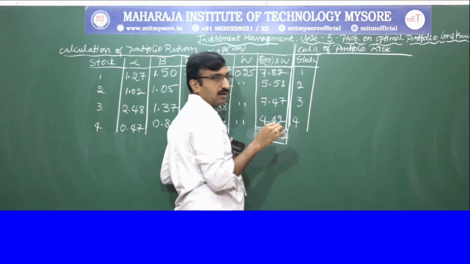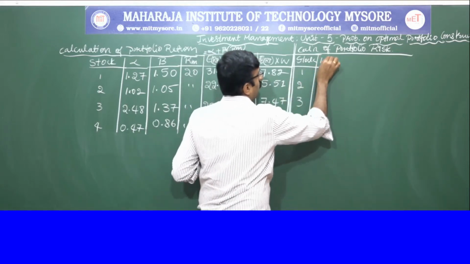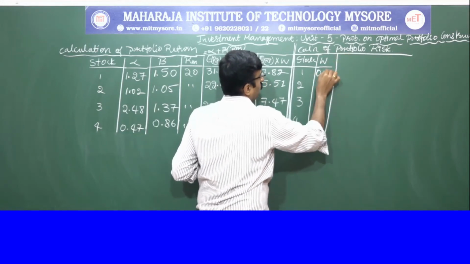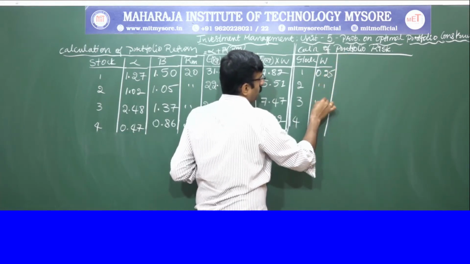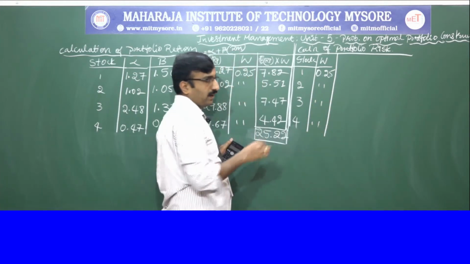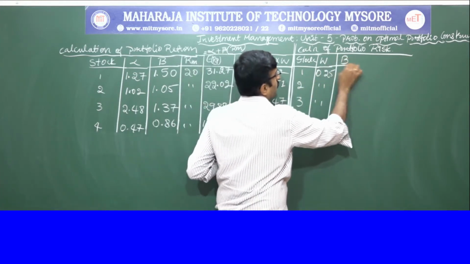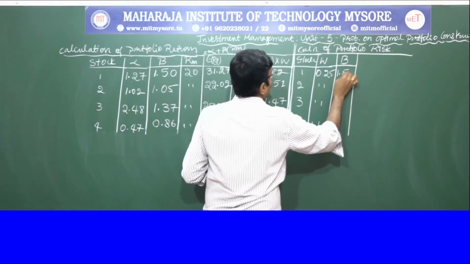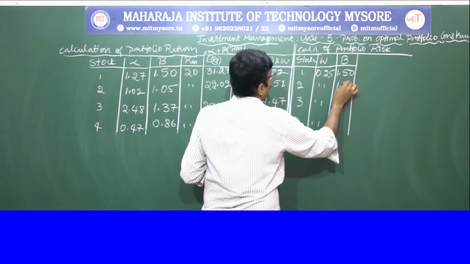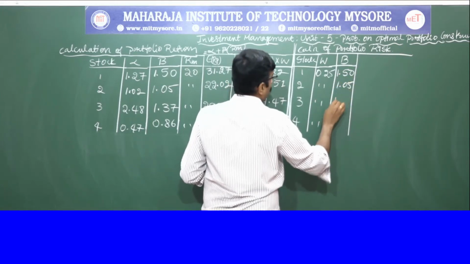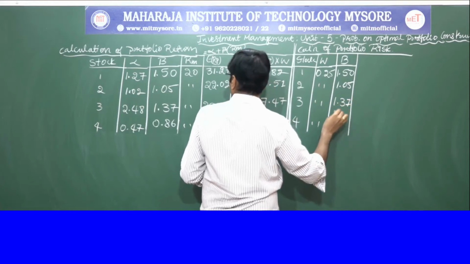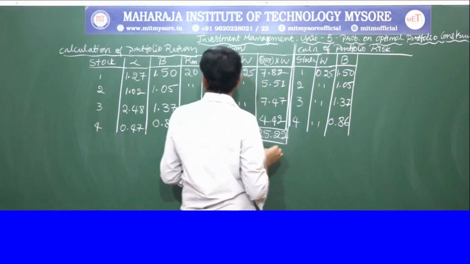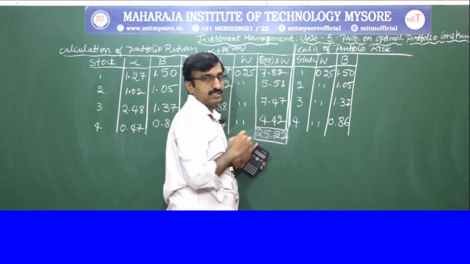Next, probability or weight, one and the same, 0.25, remaining same for all. Then go for beta. We have a beta of 1.50, then 1.05, 1.37, 0.86.